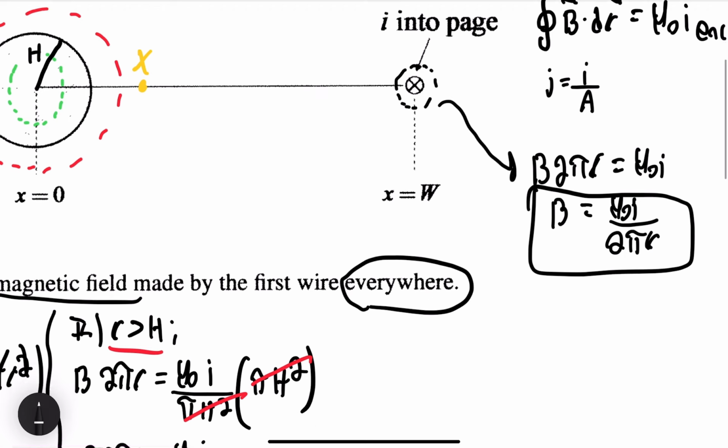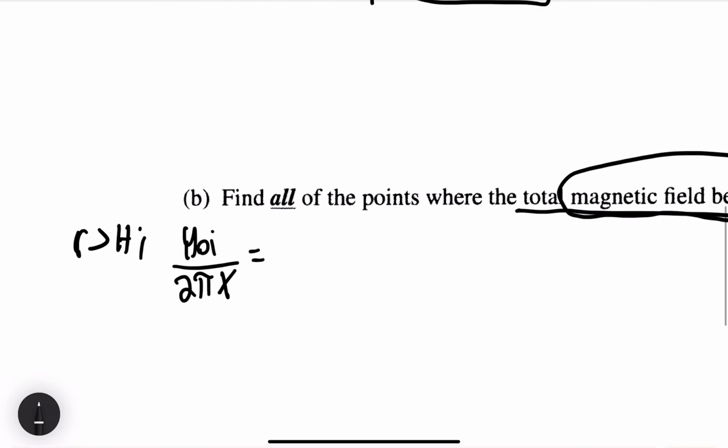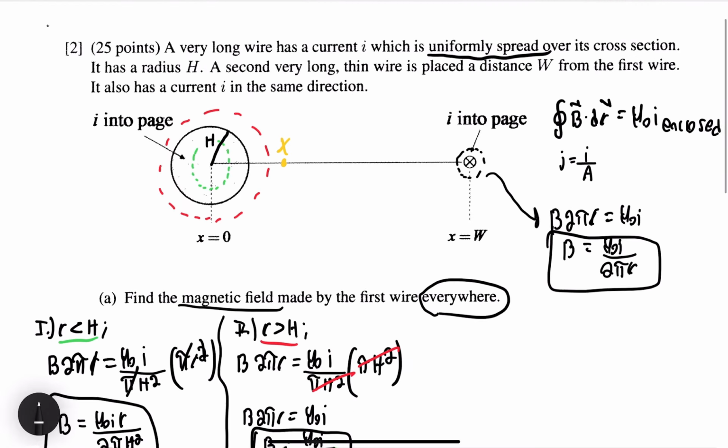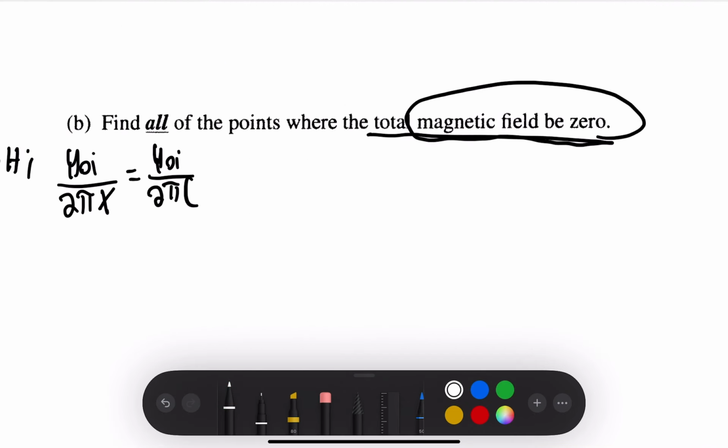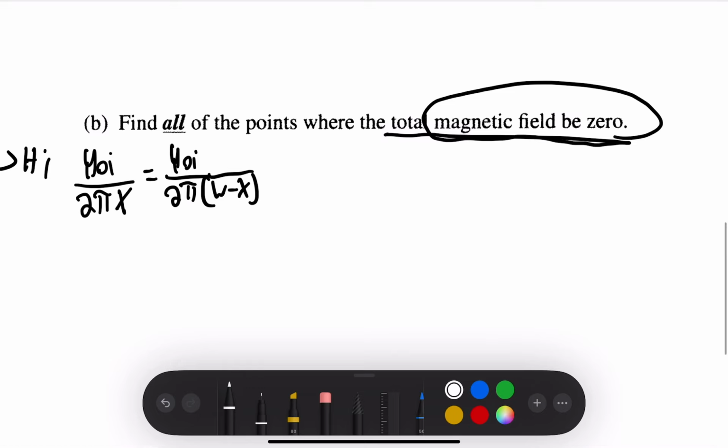the field from the other wire, which is mu naught I divided by 2 pi, but it's not x because this other wire is at a distance w, right? So then this total distance would be w minus x, right? So w minus x, and then we just solve for x. So let me cross multiply.